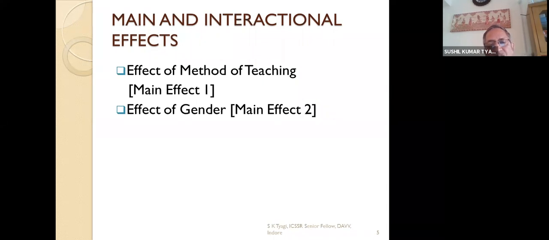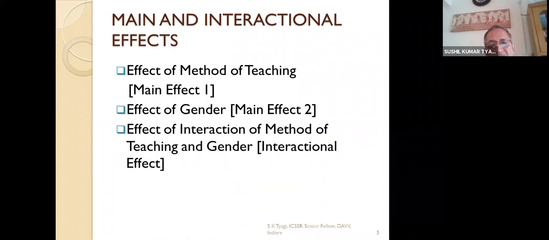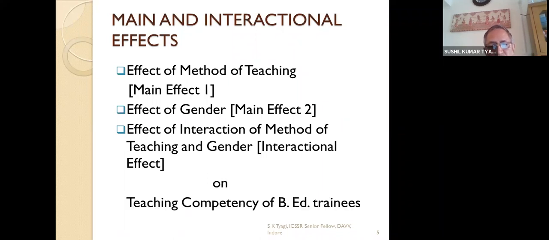Another effect is the effect of gender. That is main effect 2. And then the effect of interaction of method of teaching and gender. This is the joint effect of method of teaching and gender, where these two are not considered separately but jointly, on teaching competency of BEd trainees.